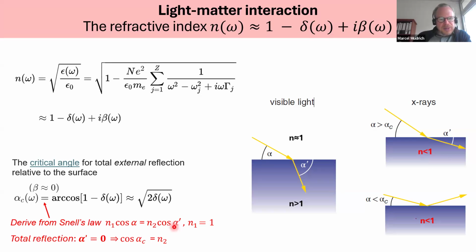Cosine 0 is 1, n1 is 1, and then we just solve for n2. Assuming that beta is very small, so we neglect the absorption, beta is roughly 0, so the index of refraction is just 1 minus delta.